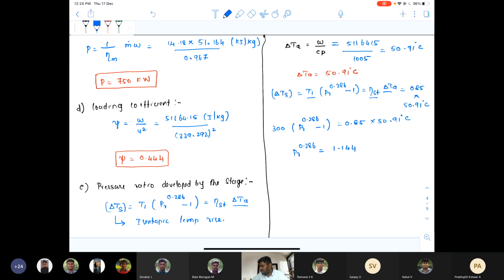Then the power goes to the other side as 1 divided by 0.286, and on calculation the pressure ratio PR will be equal to 1.6.